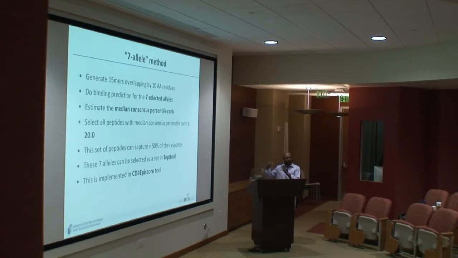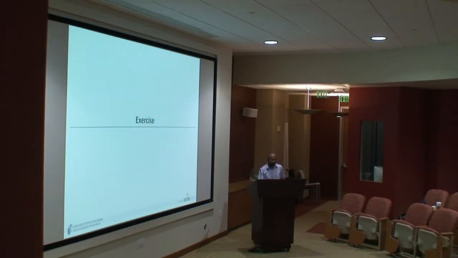This is implemented in the TEPI tool, which I will go through in the later slides. It's also implemented in a new tool developed by Sandeep called the CD4 Episcore tool, which Sandeep will go over in the later session.